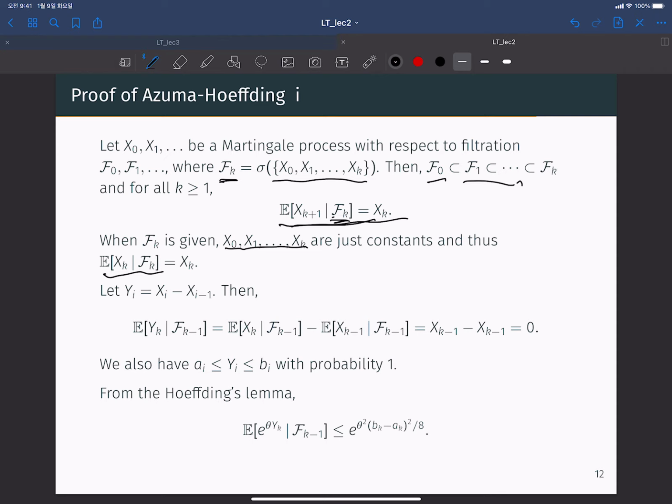So let's denote by yi the difference xi minus xi minus 1. Then the expectation of yk for given filtration at point k minus 1 is equal to 0 from the definition of filtration. And from the definition of martingale process, we have this property.